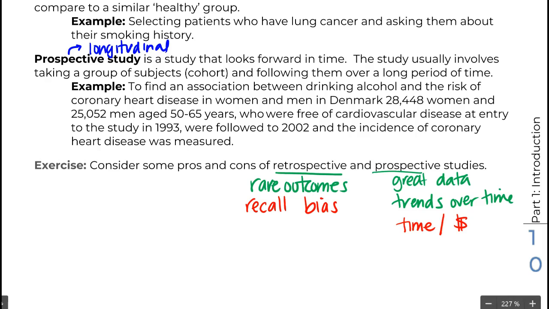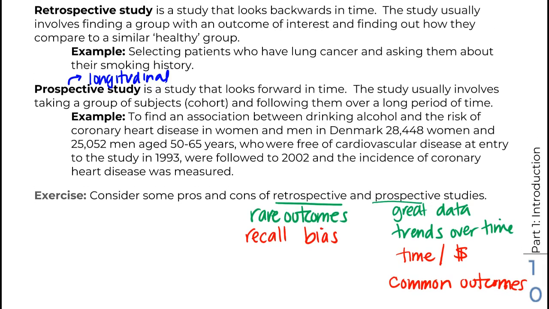Another issue, of course, is that we need to have common outcomes, right? If that's what we're dealing with, as opposed to rare. Because with rare outcomes, it doesn't matter how big your study is, you're not going to have that necessarily timed to some event if it's not going to happen for a large portion of your group. So those are the 3 types of observational studies. If I ask questions, they're usually about retrospective or prospective.